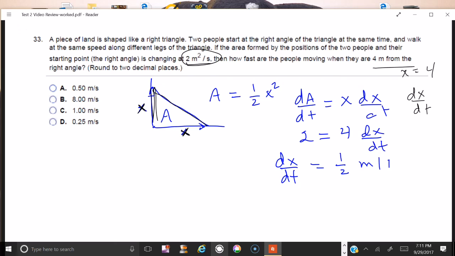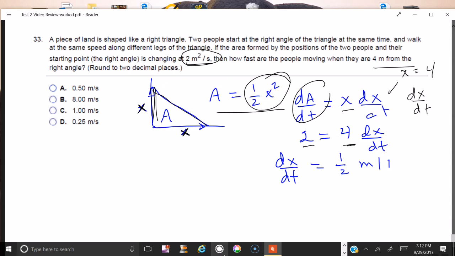Well, the area of this triangle is A equals 1/2 x squared. That's 1/2 the base times the height. So dA/dt is the derivative of A with respect to x, which is x times dx/dt. dA/dt is 2, is given, and we want to know this when they are 4 meters from the right angle.